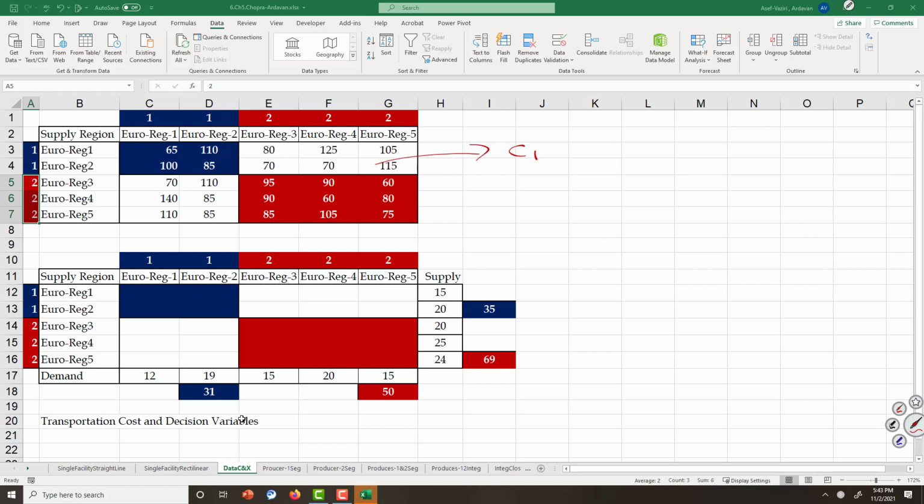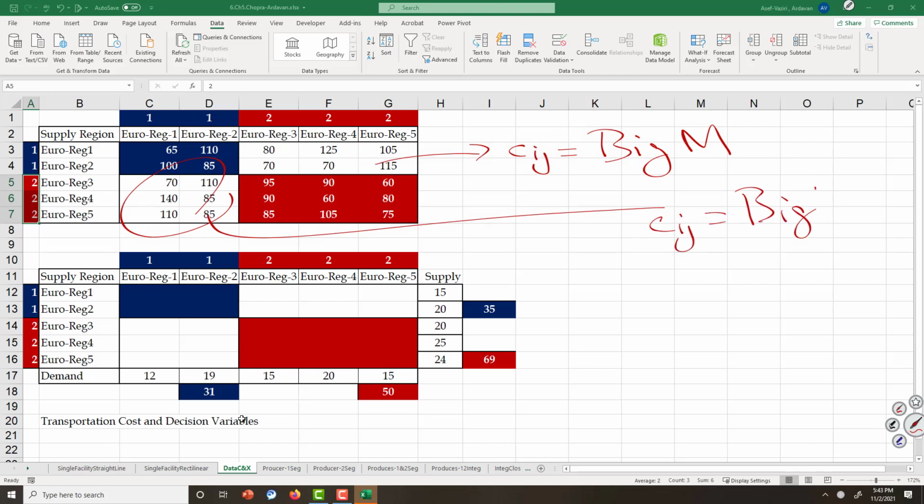These Cij's and these Cij's should be equal to a very big value such that solver will never go after some allocation over there. Of course, we can also say these Xij's are equal to 0 in this region, and these Xij's are equal to 0 in this region. This is more clear, but let me explain that one.